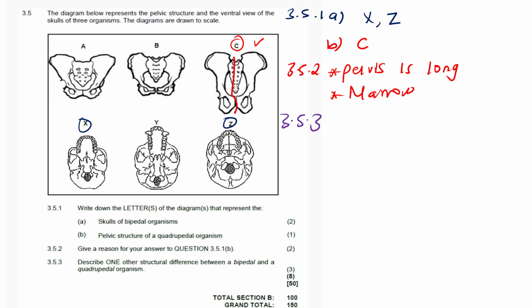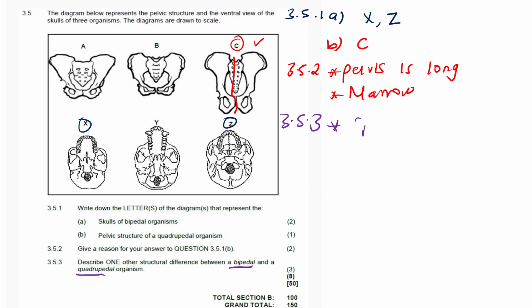3.5.3. Describe one other structural difference between a bipedal and a quadrupedal. The difference between a bipedal and a quadrupedal: we can say it is the spine.